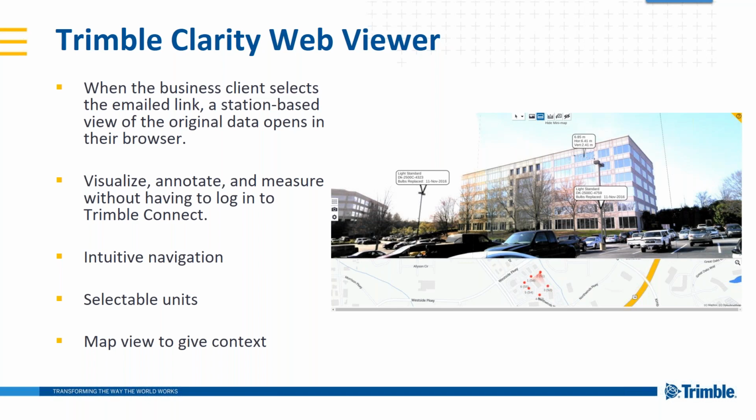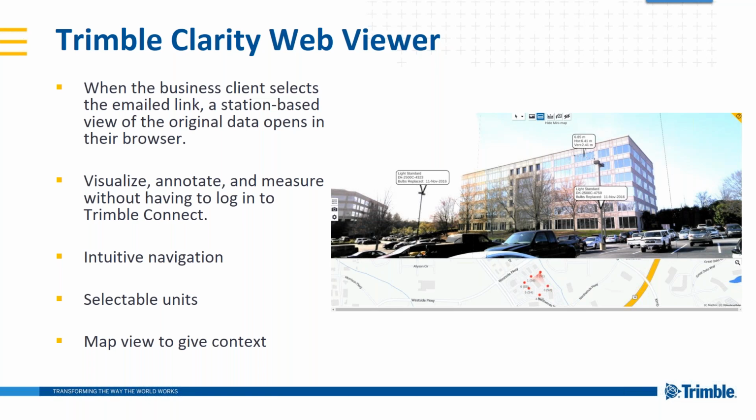Like I mentioned, the clients select the link in the email, and it opens them directly to the web viewer, where they can visualize in the station view the image data and overlaid scan data. That allows them to make some measurements, create some annotations, and change to different stations.